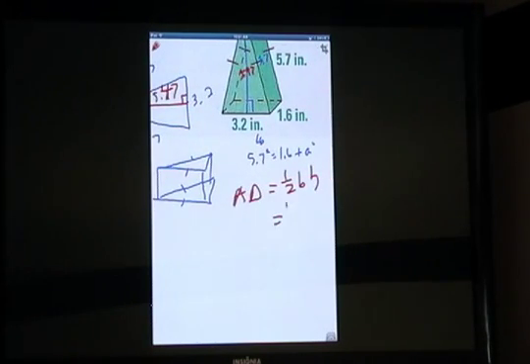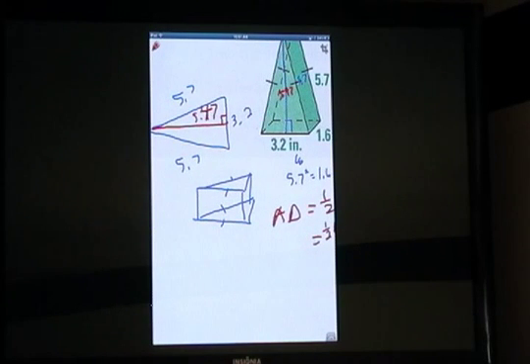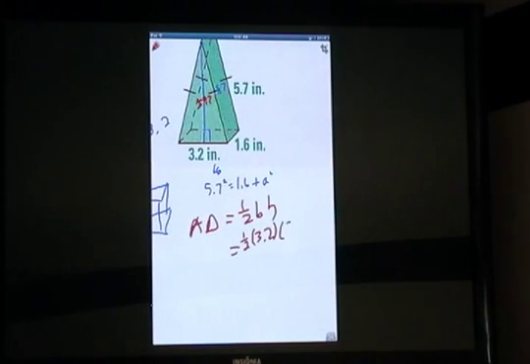So that would be 1/2 of 3.2 times 5.47. And that's 8.752. And the best way to do this is to work it along with me.